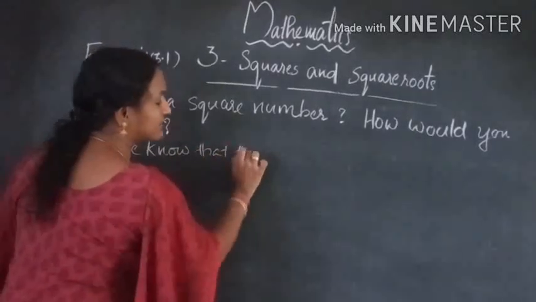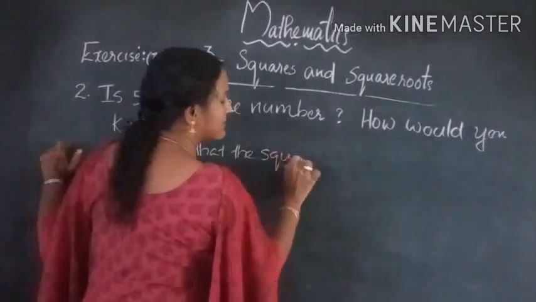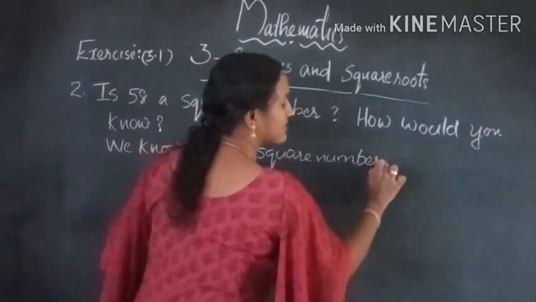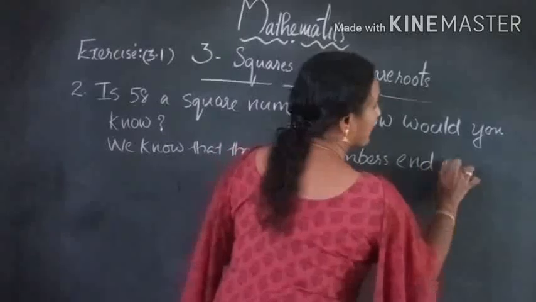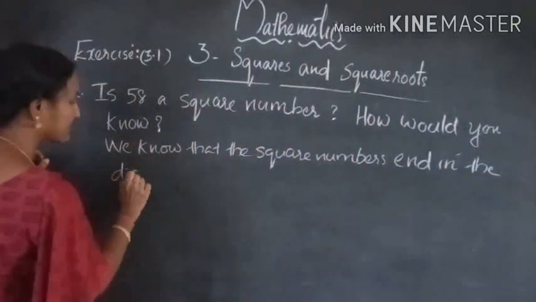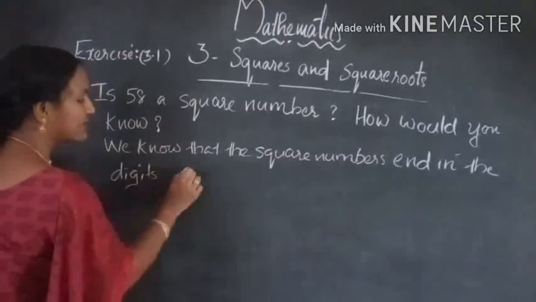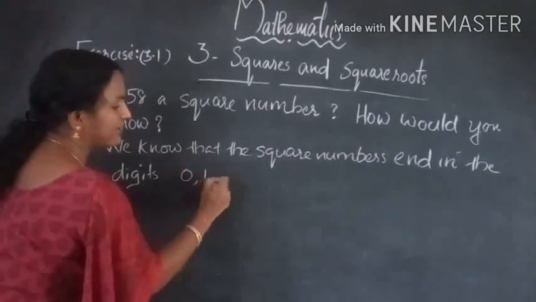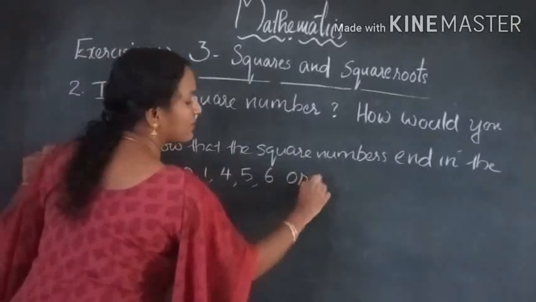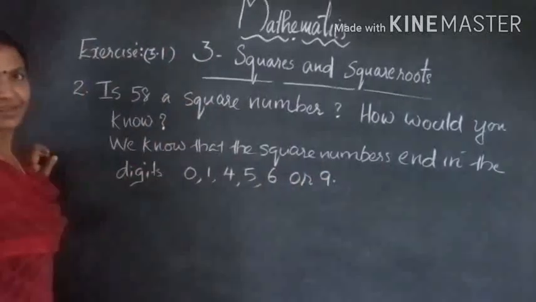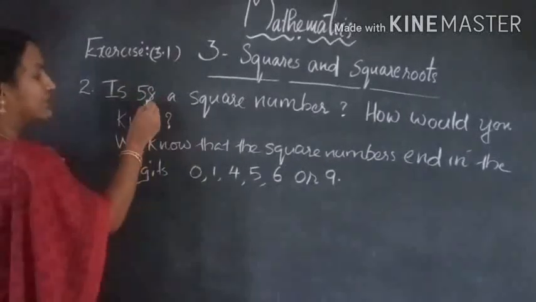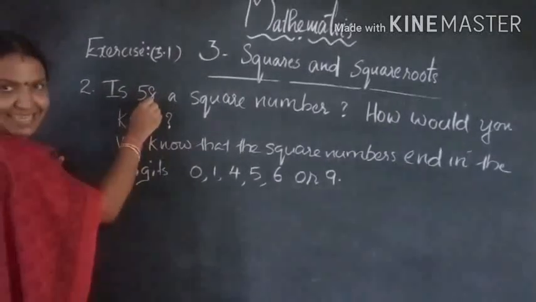We know that the square numbers end in the digits 0, 1, 4, 5, 6 or 9. Here, number 58, the digit in the unit place is 8.